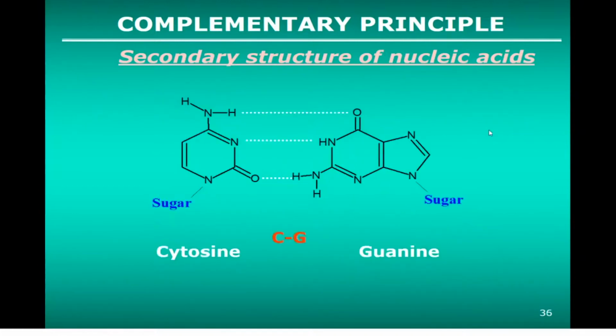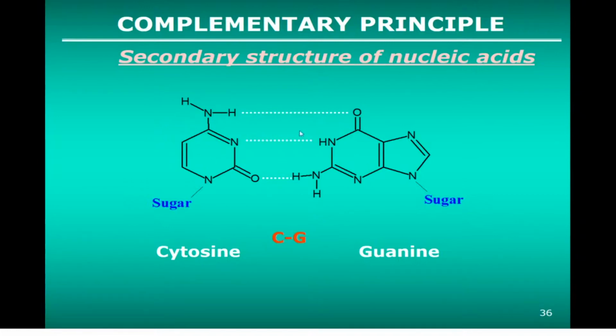And the second pair is cytosine and guanine. That means if in one chain there is cytosine, in the second chain, formed in such a way, guanine is present in front of it. And if there is something wrong in lactim-lactam tautomerism, and in the first chain the lactim form appears, this secondary structure can't be formed properly or can't be formed at all.